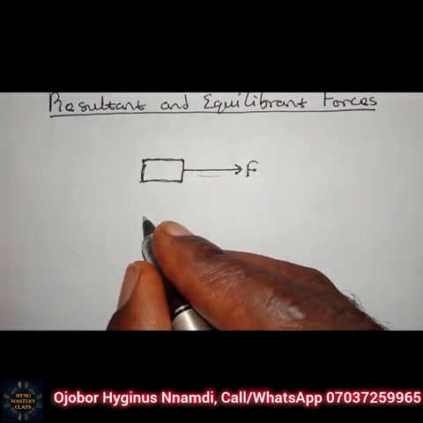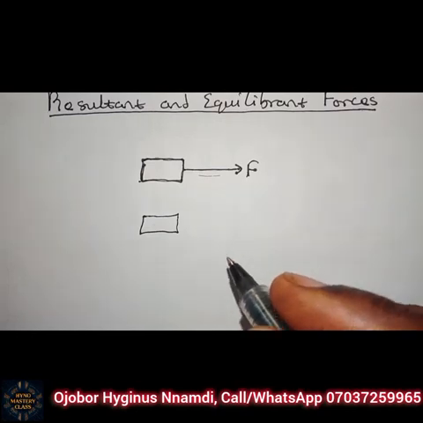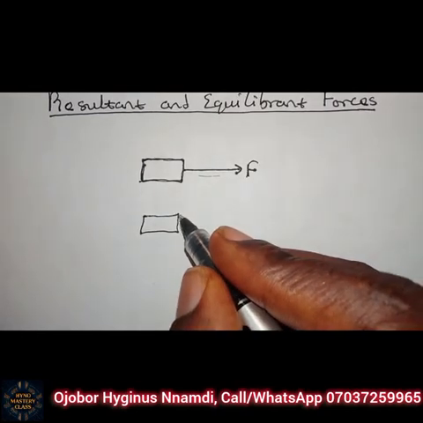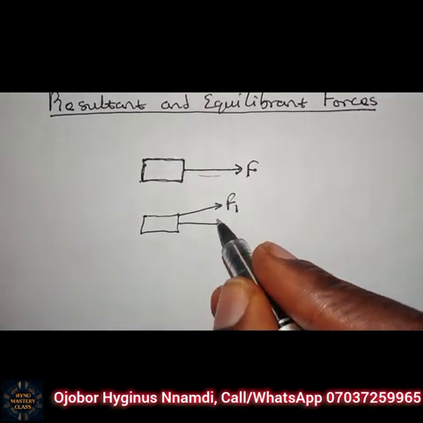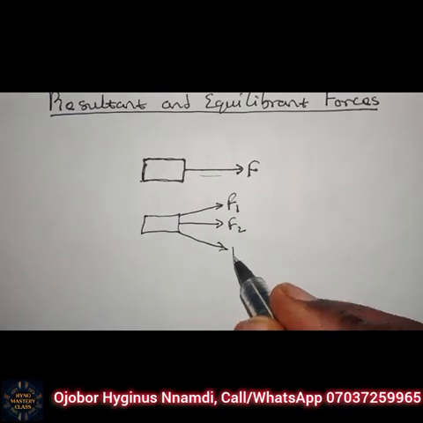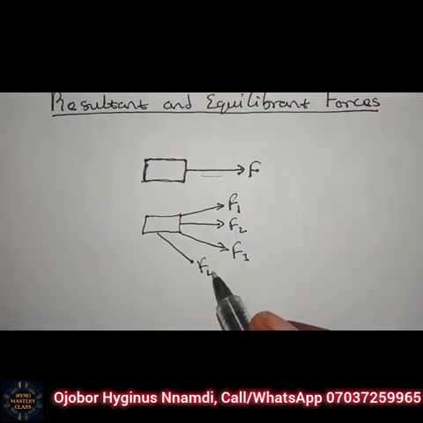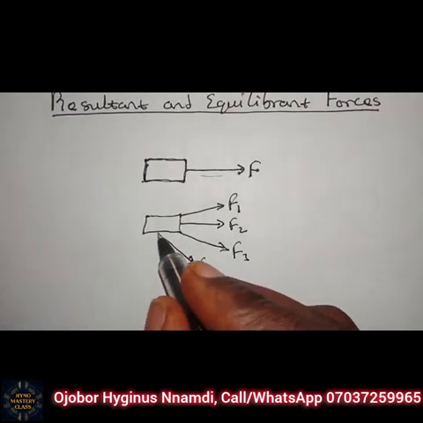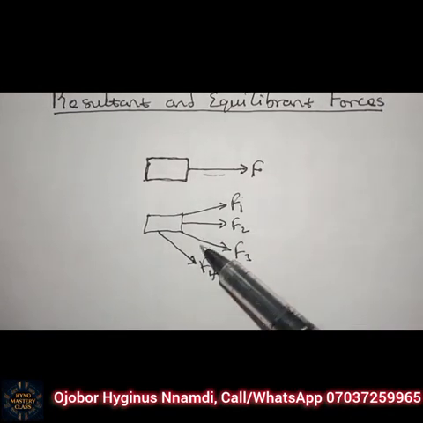Then if the same body is being moved with the same magnitude of force but with different forces, let's say one force here F1, one force here F2, maybe another one here F3, probably another one here F4, a resultant force is that single force that is the same as putting these forces together.